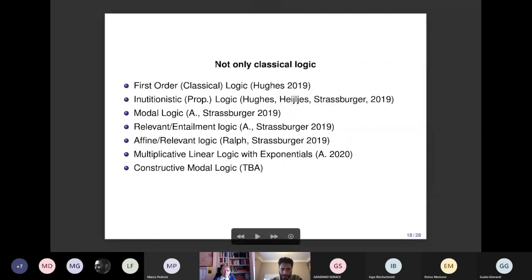And just if you are asking yourself, can we do something else? There are quite a lot of papers about encoding other logics. So we have combinatorial proofs for first-order intuitionistic logic, and for some variants of classical logic in which we restrain weakening and contraction.